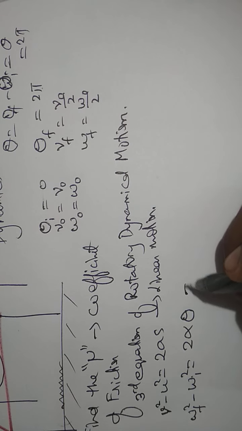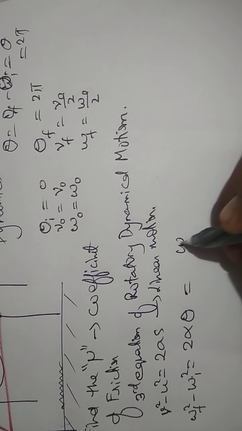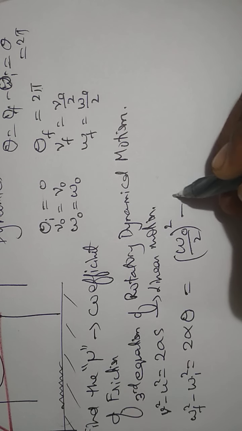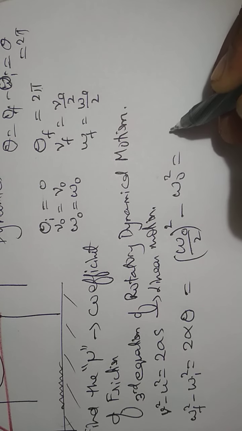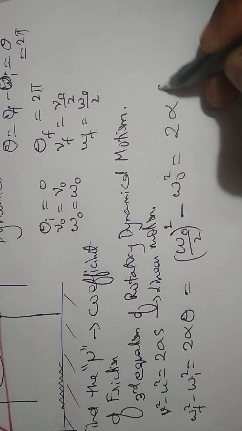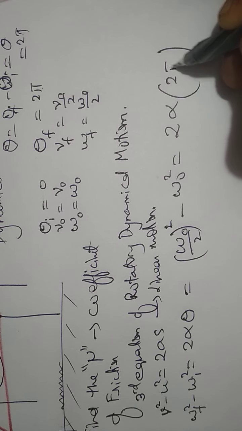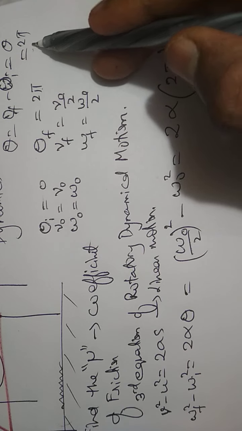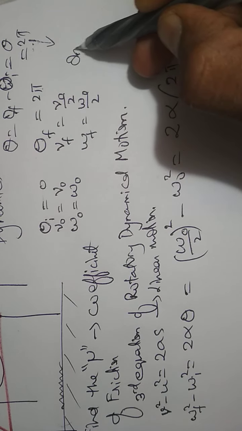Substituting, omega naught by 2 whole square minus omega naught square equals 2 alpha into 2 pi, because it is only one complete rotation.